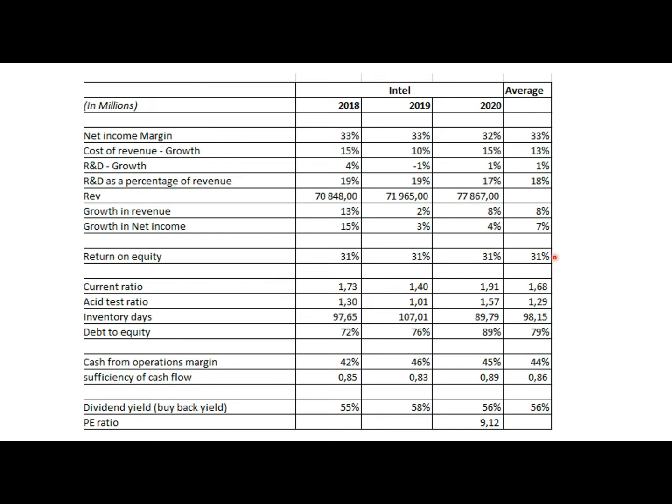The financial position, however: current ratio below the industry average, 2.37. However, looking at the level it is at, there's no heightened increase in short-term liquidity risk. Intel does have enough short-term liquidity on its balance sheet. The asset test, same as with the current ratio, is below the industry average, which for capital is about 1.88.